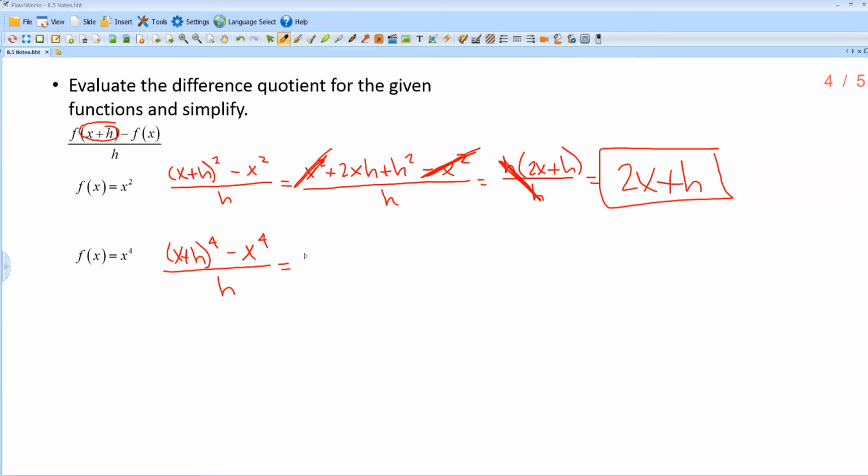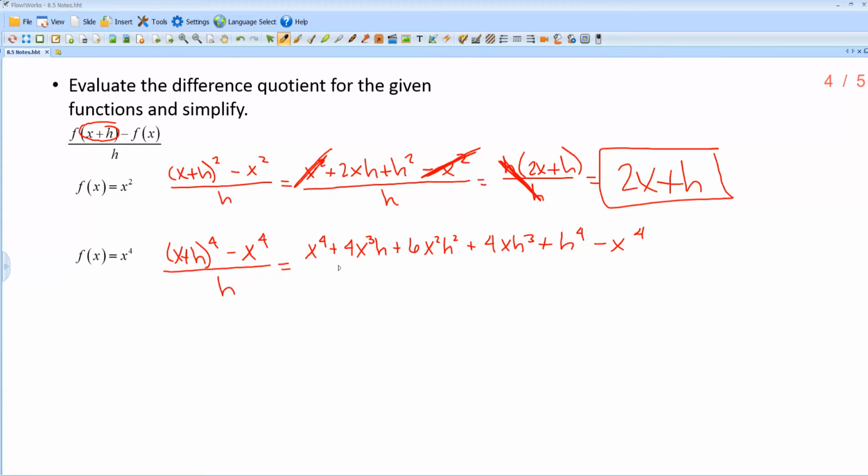So it's going to be x to the fourth plus 4x to the third h plus 6x squared h squared plus 4xh cubed plus h to the fourth. And that's all just the binomial expansion minus x to the fourth.